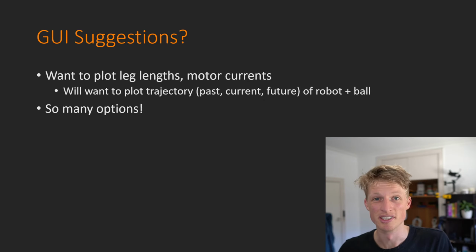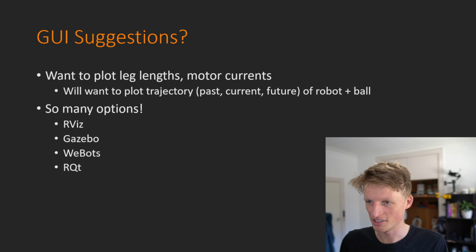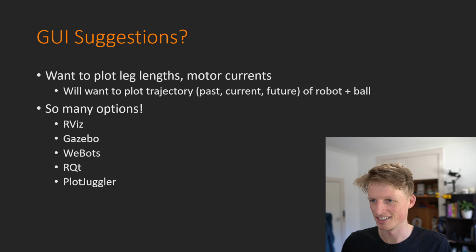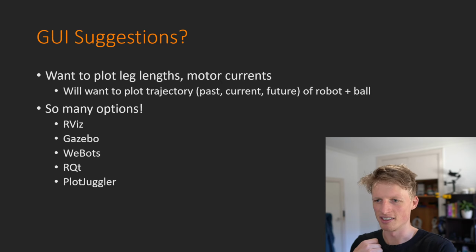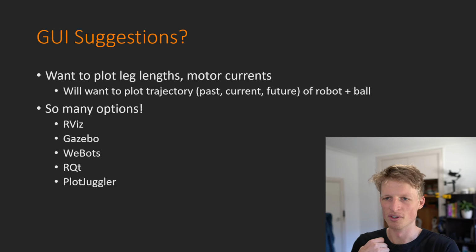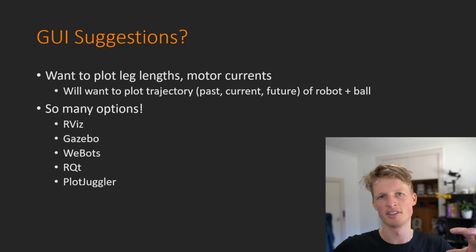But there are so many options for GUIs in ROS. We've got RViz, we've got Gazebo, we've got Webots, we've got RQT, and we've got PlotJuggler, and many, many others. And I don't really know which one would be best. It seems like RViz, Gazebo, and Webots are more for simulating the physical robot itself and doing things like collision detection, which I really want to do.